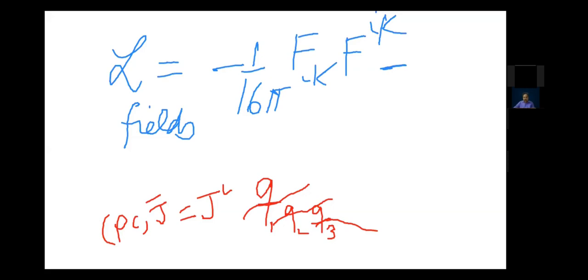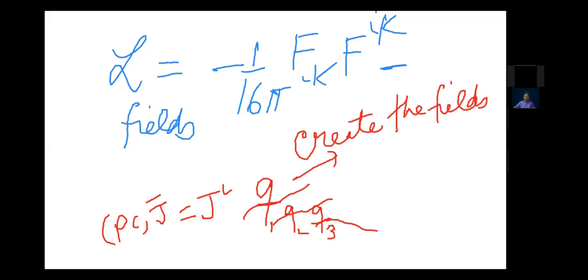Okay. So these j^i or these charges create the fields. So if they create the fields, they are what? They are the sources. So you can call them the sources because they are creating the fields. So they are sources of the fields.